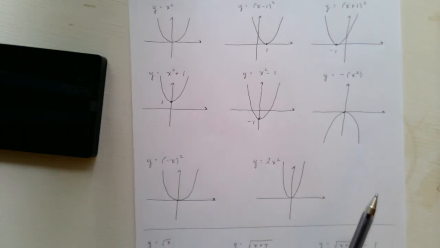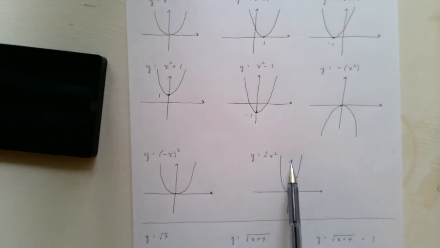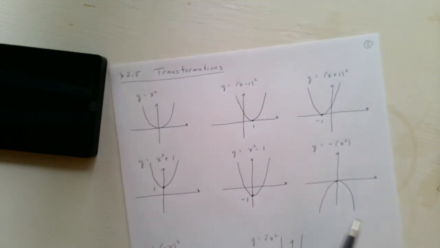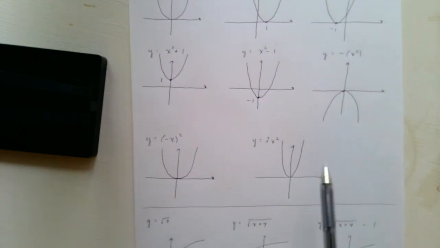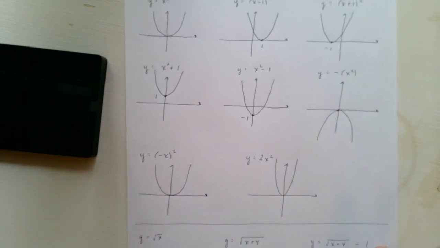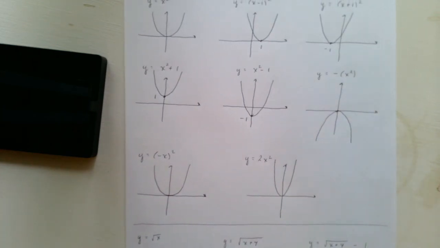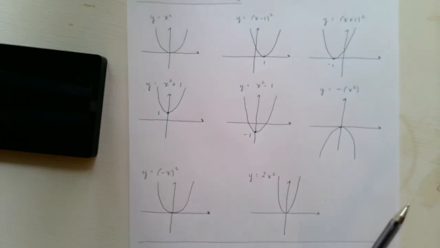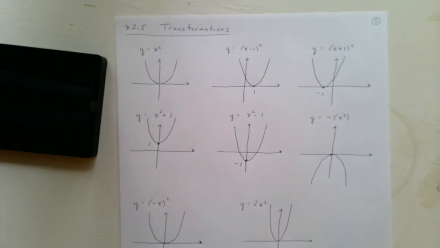And then finally, if we look at the graph y equals 2x squared, we have a vertical stretch of this graph, because we've basically multiplied all the y-coordinates by 2. So we can get an idea of what effect these substitutions have on the graphs.